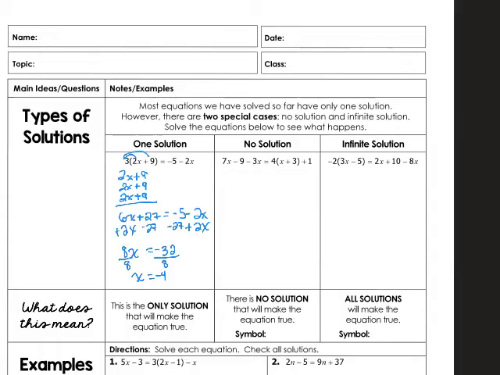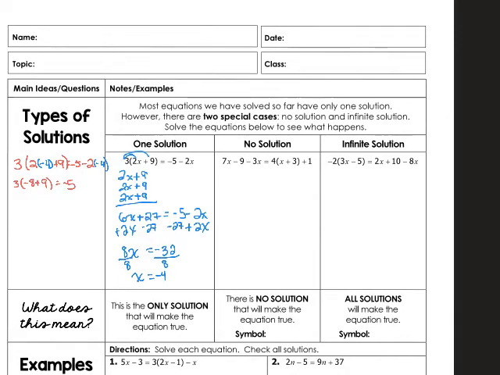So what does it mean that x is equal to negative 4? Well, it means that if I go back and copy over the equation here, putting in that negative 4 for every instance of x. Okay, so now I have 2 times negative 4 is negative 8 plus 9.